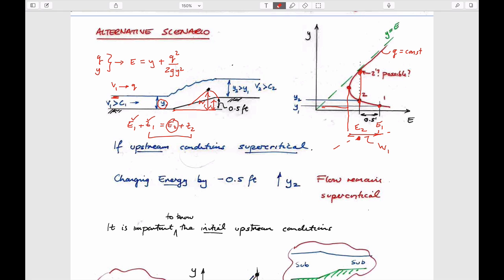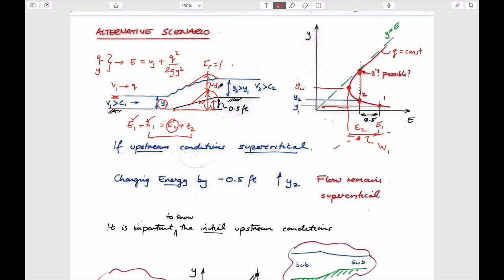And if we do that, then at this nose, the Froude number here is exactly equal to 1, because we're at this point here by definition. The depth here would be YW, which would be this height above here.